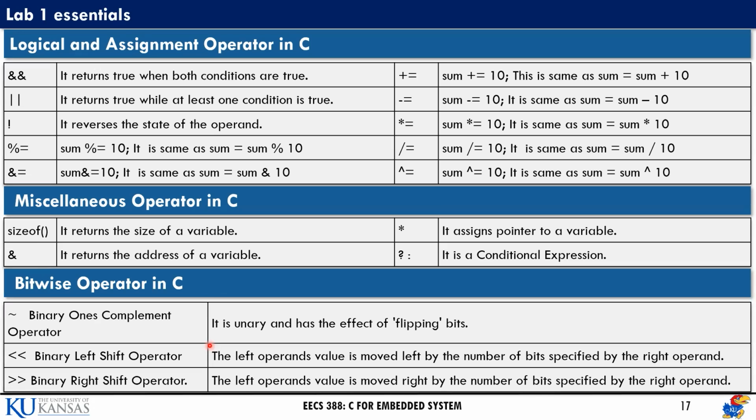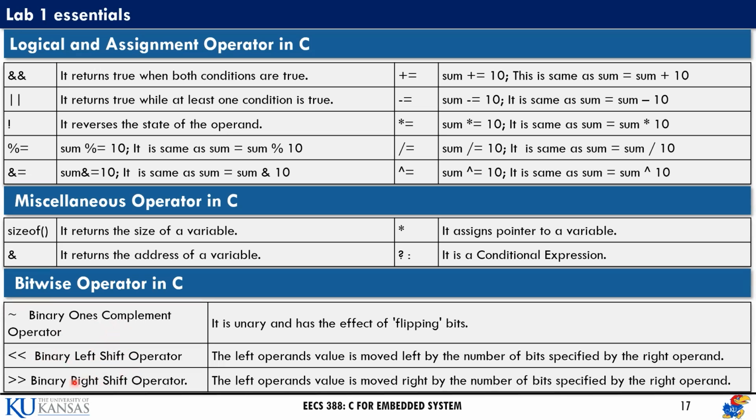Also, we have the bitwise operators in C. This is very straightforward, like how we do the shift operation. We have the complement operator, and the left shift and right shift operators. The complement operator flips all the bits, for example, 0 to 1 or 1 to 0.